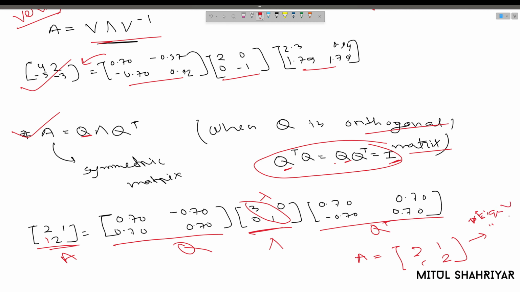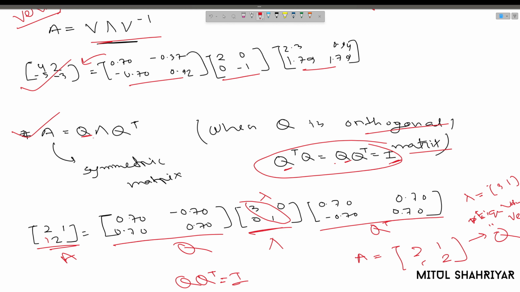You would have got lambda equal to 3 and 1, and eigenvector as this one, Q. But there is an interesting thing: if you multiply Q with Q transpose, the transpose of the matrix, you will get the identity matrix. So it is easy for you to calculate that.